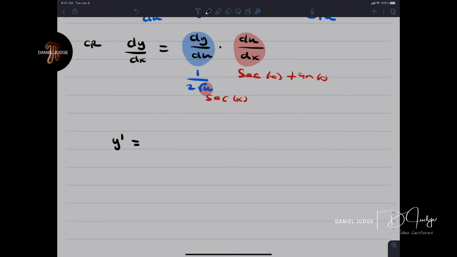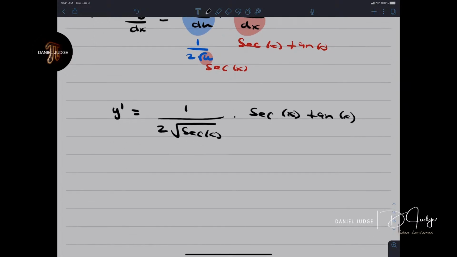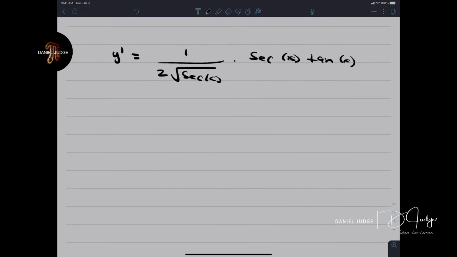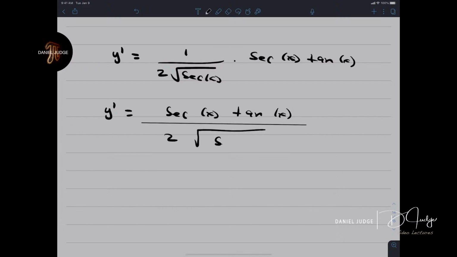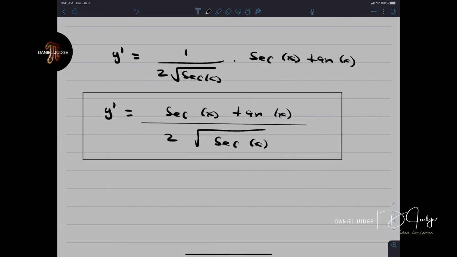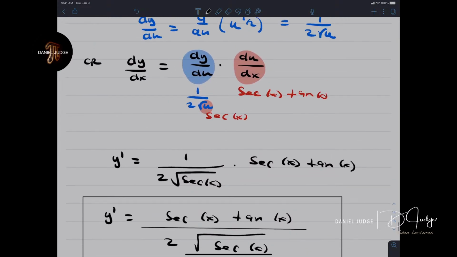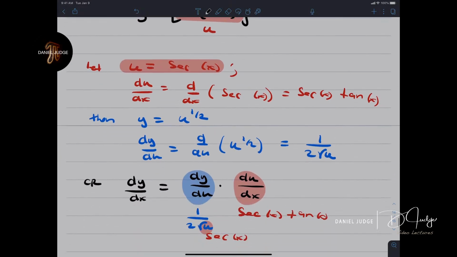So by chain rule, I get 1/2 square root of secant times secant tangent. Multiply here your fraction times your whole number. You get secant tangent over 2 square root of secant. Here you go. So this is 31.